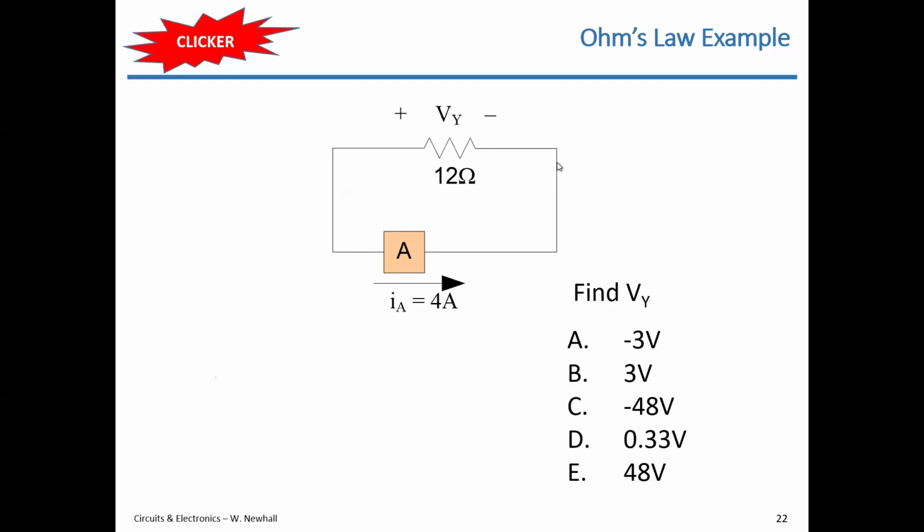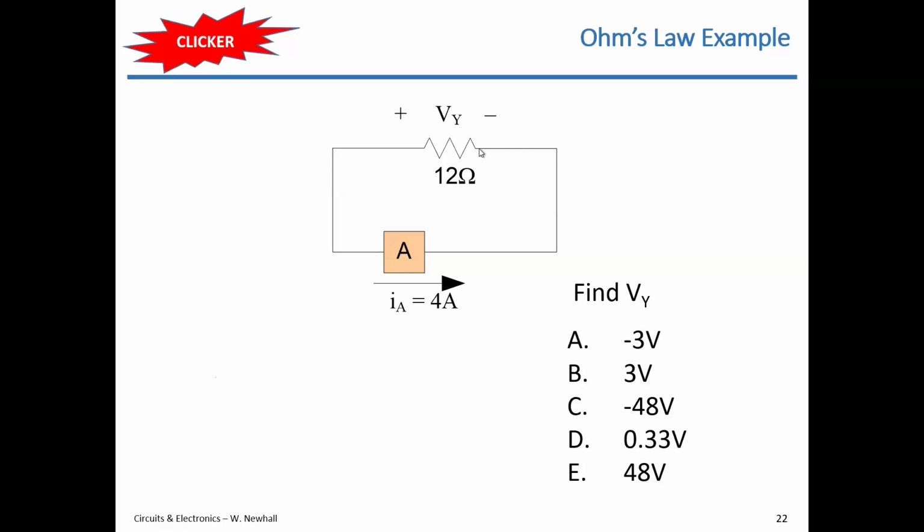Well, I've pointed the reference direction of IA into the negative side of VY, and that's not what we want for Ohm's law. For Ohm's law, you need the reference direction, the arrow, pointed into the positive reference polarity of the variable or the voltage across the resistor.